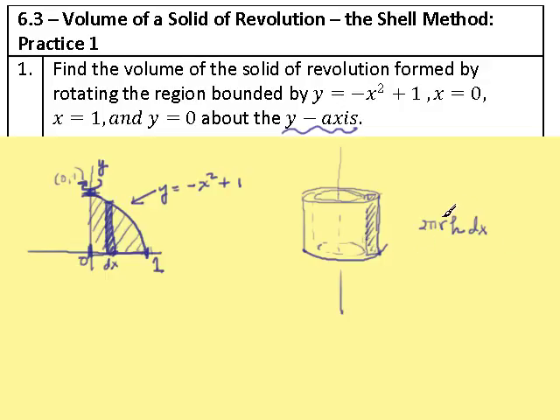Now the formula for obtaining the volume of these solids of revolution using the shell method is based on this formula, 2 pi r h times dx.